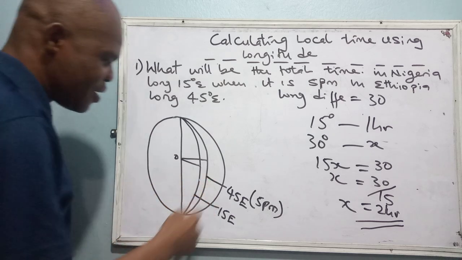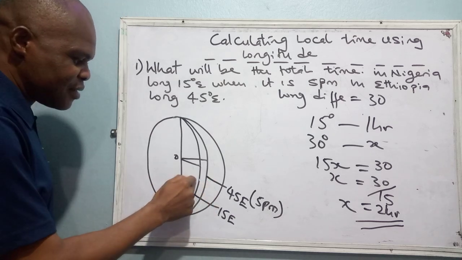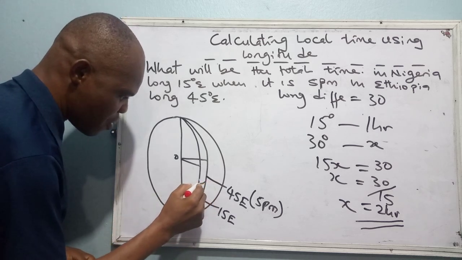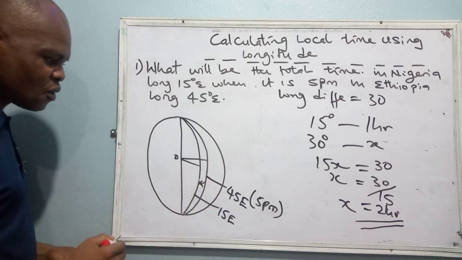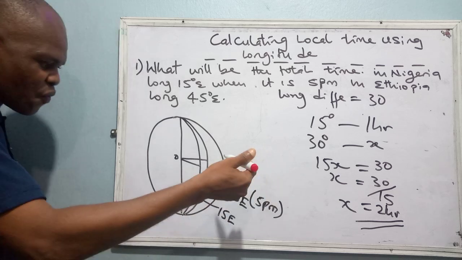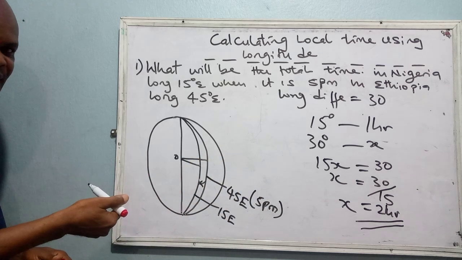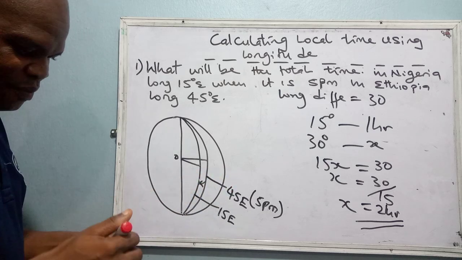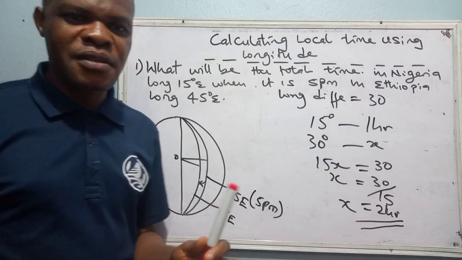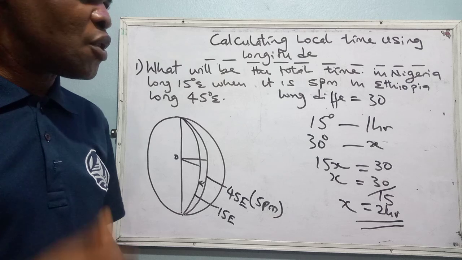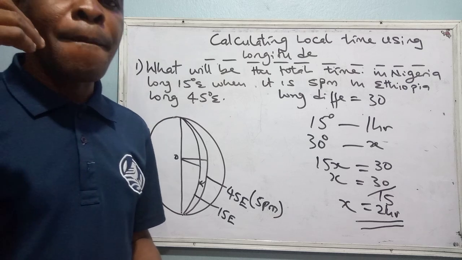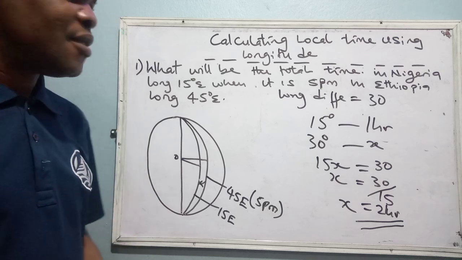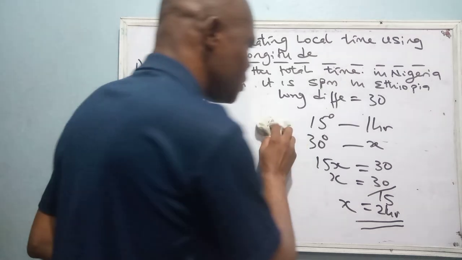So we're trying to find out the time in Nigeria, so we are moving backward, from east to west. When you are moving from east to west, backward, we subtract the time. But if you are moving from west to east, we add. So that's the principle.